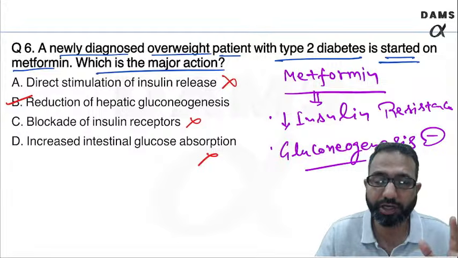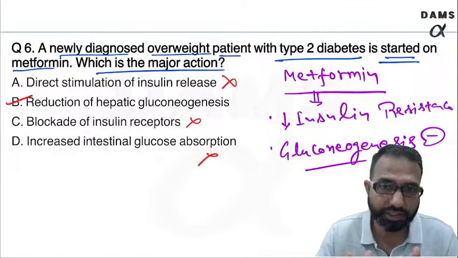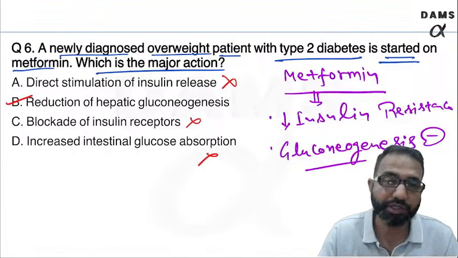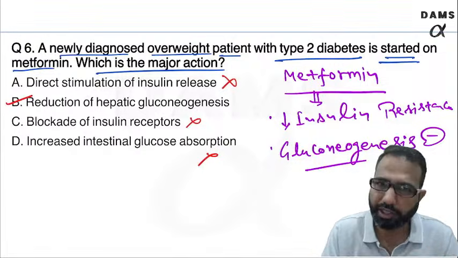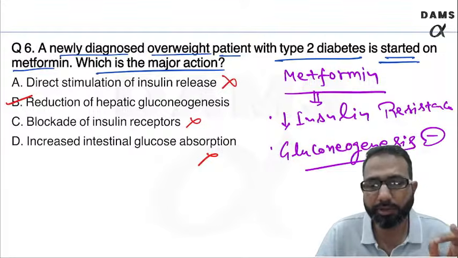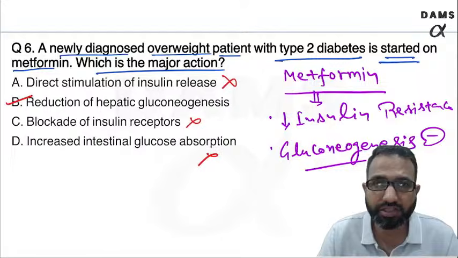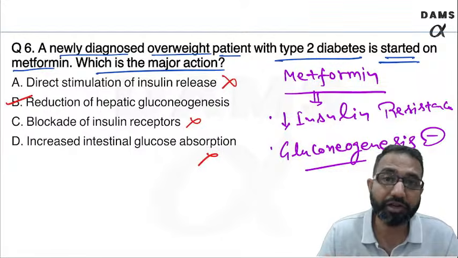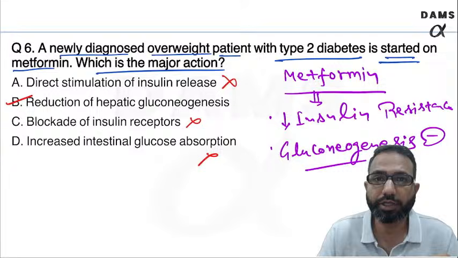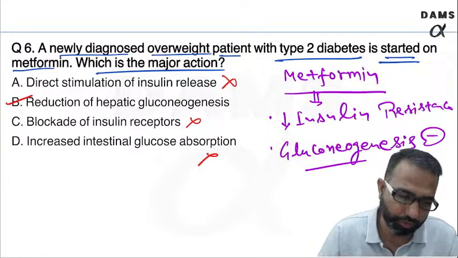So metformin is primarily for insulin resistance, but also suppresses the gluconeogenesis pathway, and it's a wonderful drug in diabetes. The best thing with metformin is that it has very little risk of hypoglycemia, because it is not directly releasing insulin, and it also controls some weight. That's why it's a good drug.